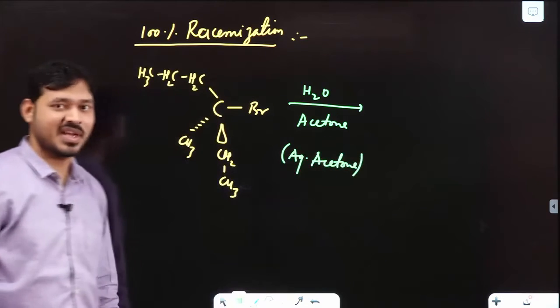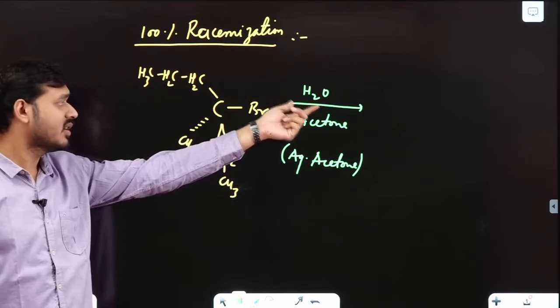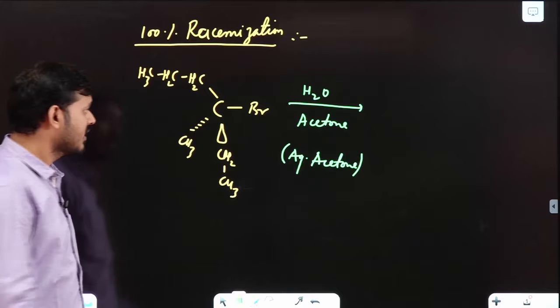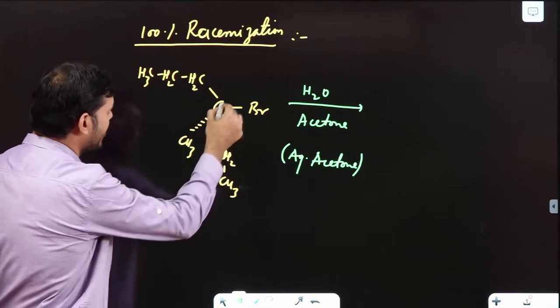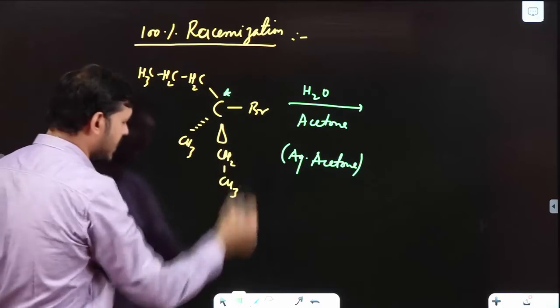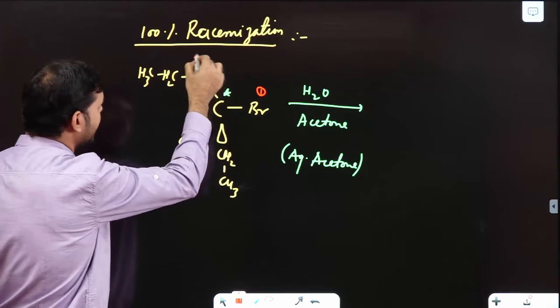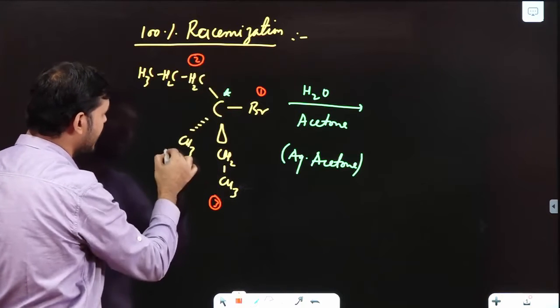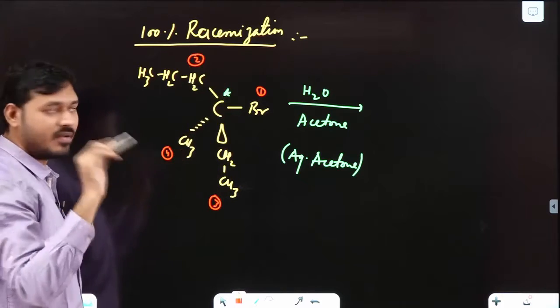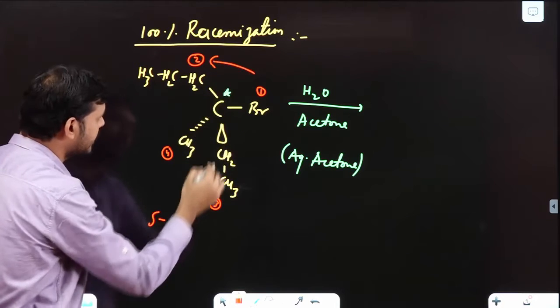Now here you can say H2O is a nucleophile, right? Now what will happen in this case? This is a chiral center. If I check its configuration, bromine has priority 1, then this part is 2, this part is 3, and this part is the lowest priority group, far away from you. So this is simply anti-clockwise, so it is actually S.